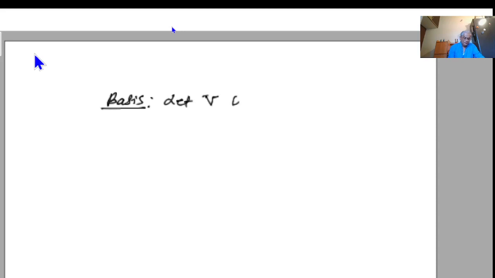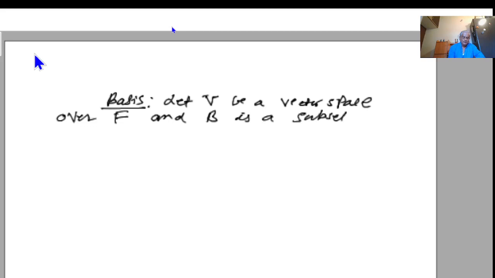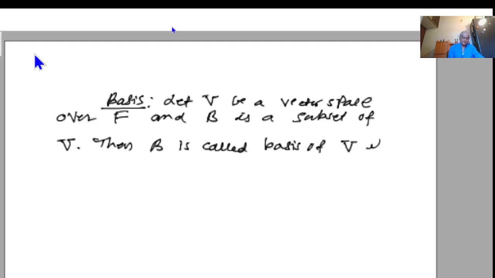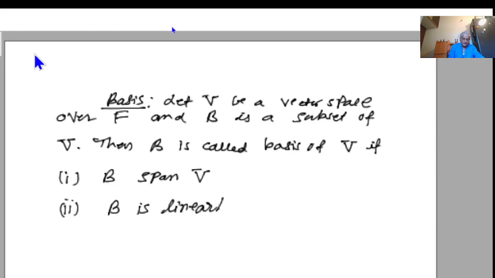Basis. Let V be a vector space over F, and B is a subset of V, then B is called a basis of V if number 1, B spans V. This is the first condition, and the second condition is B is linearly independent.